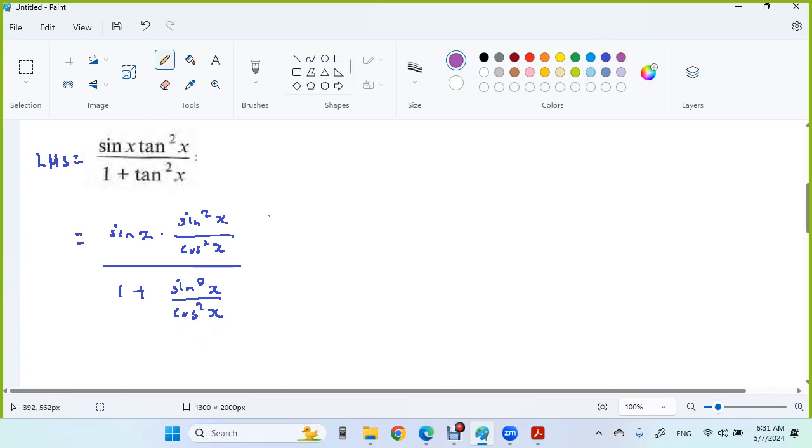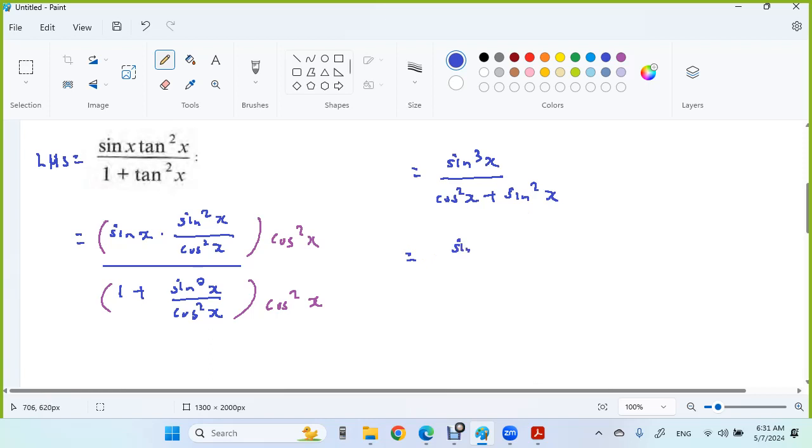Then I multiply with the cos square x and the cos square x, then I will have the sine cube x over cos square x plus sine square x.